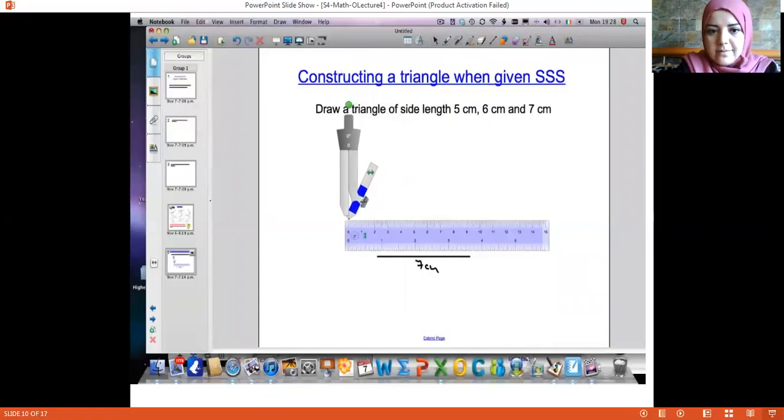Open the compass 5 centimeters, as you can see, till 5.